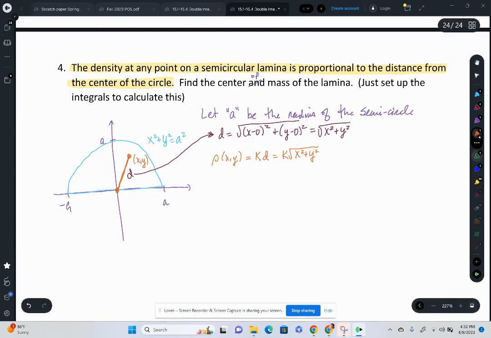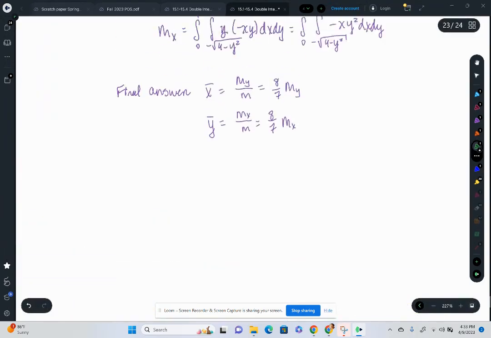Our region of integration is circular. And what this implies is that we should use polar coordinates. Now, you may be thinking that the last example had a circular region, but let's look back at that really quick.